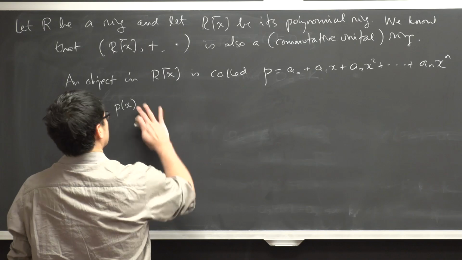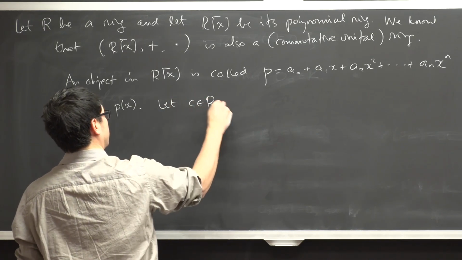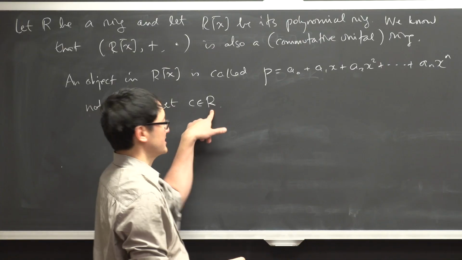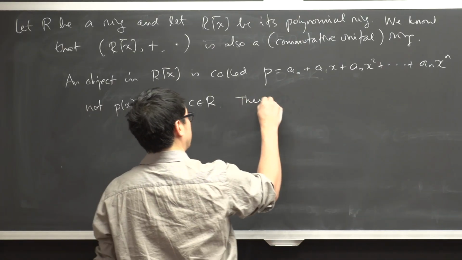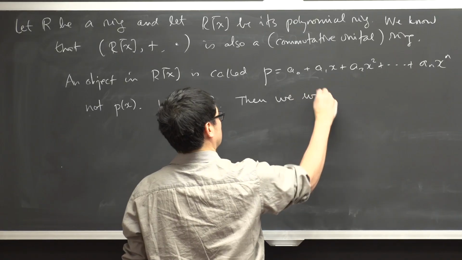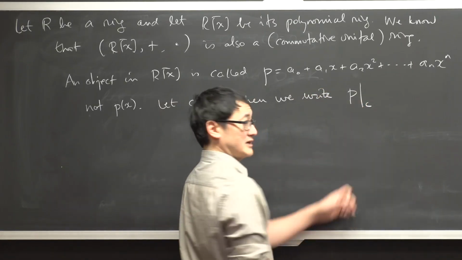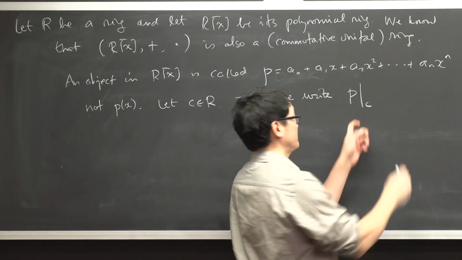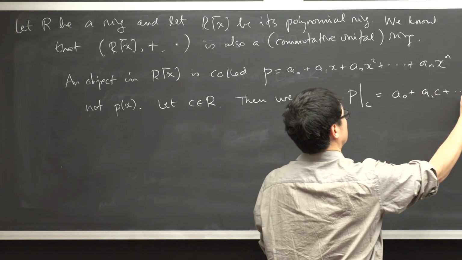Let c be in R. Suppose we want to take an object in my base ring and plug it in here. Then we're going to write this notation, which nobody uses except for me, but I think it's going to be clearer sometimes. I'm going to take P, slash it, and put a c there, and that is what I mean by this object right here.